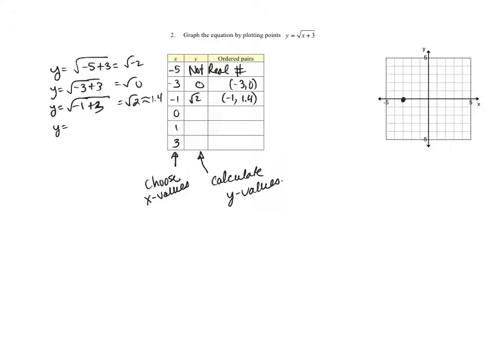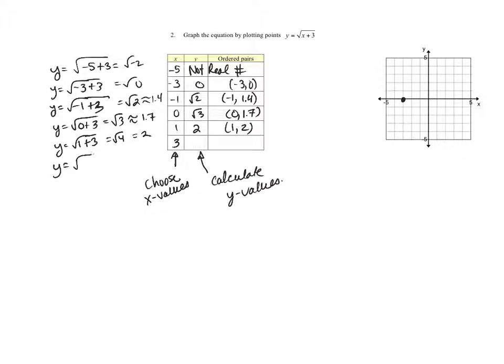And here, if we put in 0 plus 3, we would get the square root of 3, and that's approximately 1.7. So I'll plot that point, about 1.7. And then if we get 1 for x, we plug that in, we'd get the square root of 4, which is 2. So there's another ordered pair.